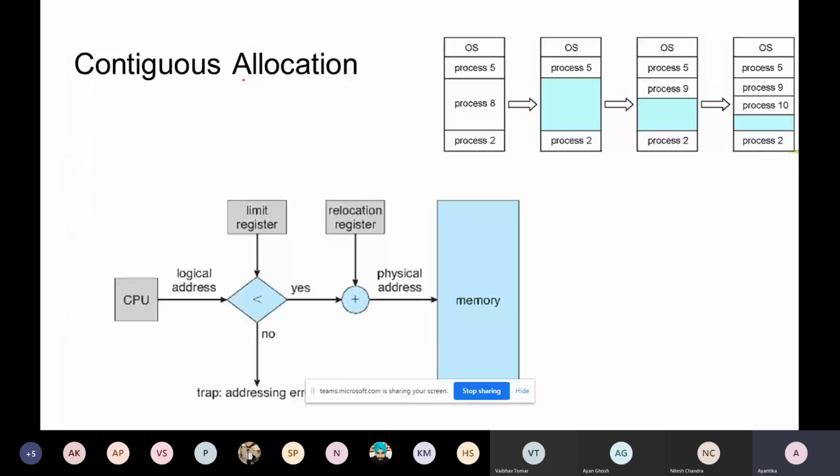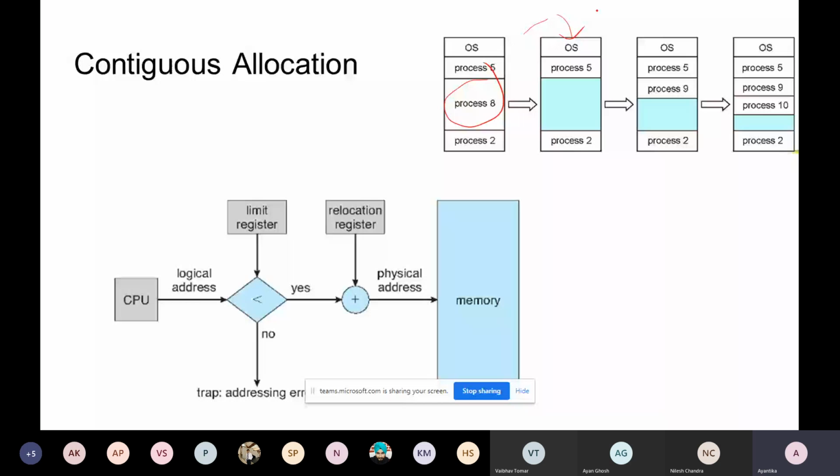So if we think about contiguous memory allocation, let's say some process is there, maybe this is process A. The related memory of process A is getting mapped, and whenever there are different processes, their memory is getting mapped to the main memory.